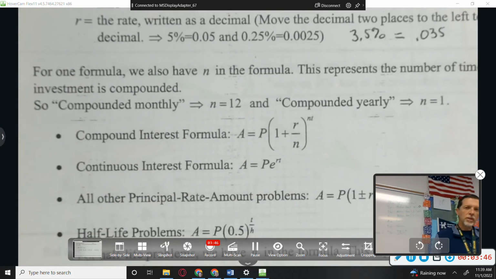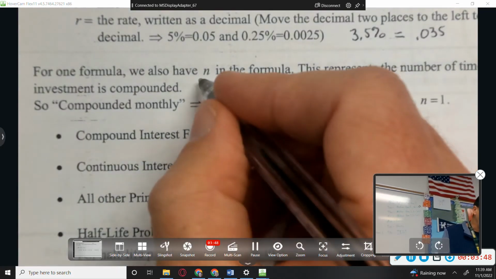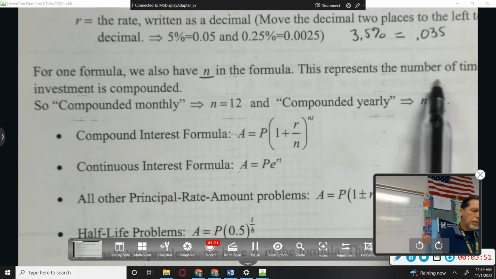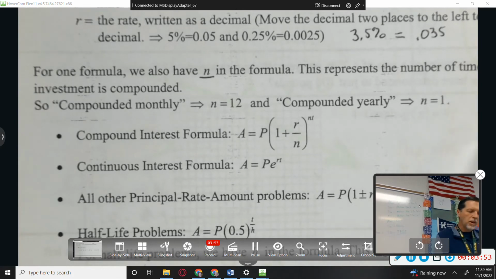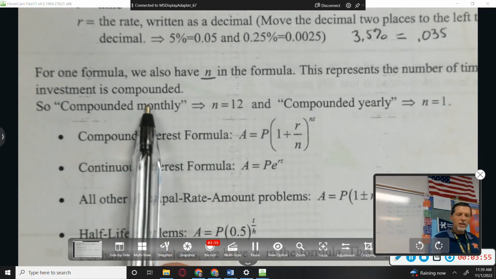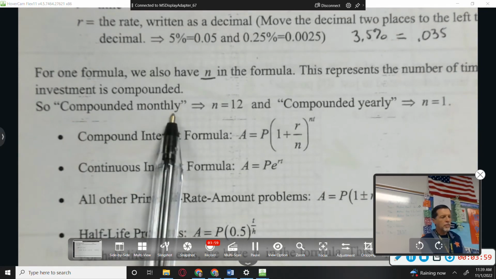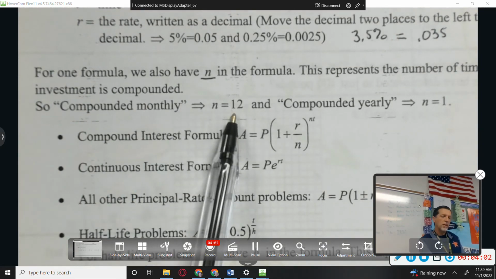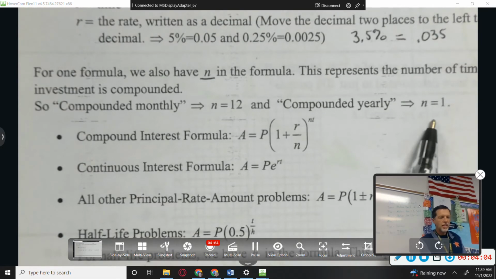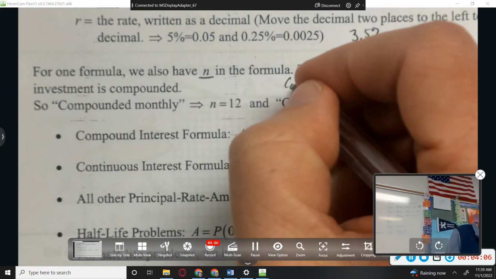For one of the formulas, we also have an N in the formula. This represents the number of times per year that an investment is compounded. So that's a lot of words, but compounded monthly, that means 12 times per year. Compounded yearly, that means N equals 1.